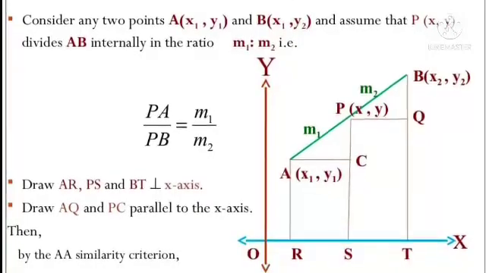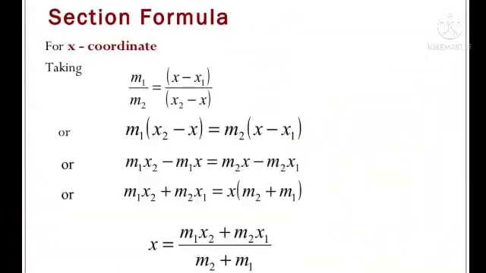Then by the AA similarity criterion, section formula for the x coordinate, taking m1/m2, is equal to (x minus x1) upon (x2 minus x), or m1(x2 minus x) is equal to m2(x minus x1), or m1x2 minus m1x is equal to m2x minus m2x1. m1x2 plus m2x1 is equal to x(m2 plus m1).